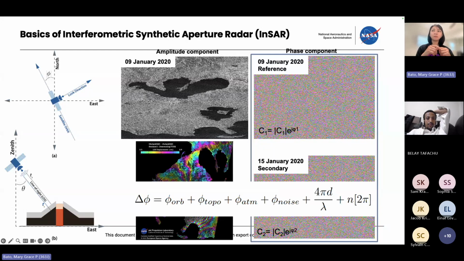It's sometimes very tricky to look at volcanic signals, because atmosphere can mimic the topography, and you will have fringe-like signals that you would think are deformation, but they are actually atmosphere.